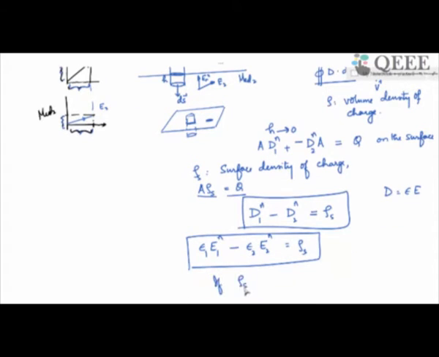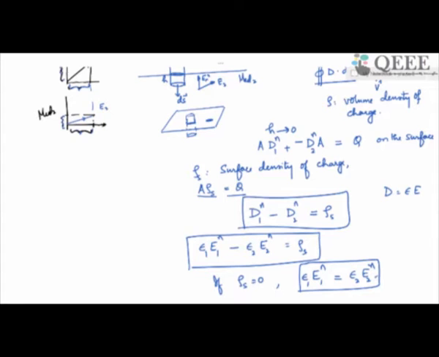If rho s is equal to 0, which means I am taking a surface where there is no surface charge, then epsilon 1 E1 normal must be equal to epsilon 2 E2 normal. The normal components are not equal, but they are different, and E2 normal depends on the relative permittivity.